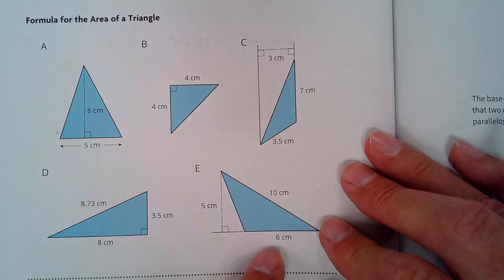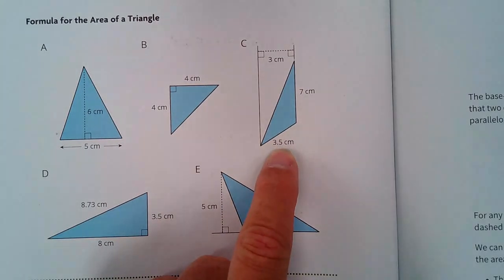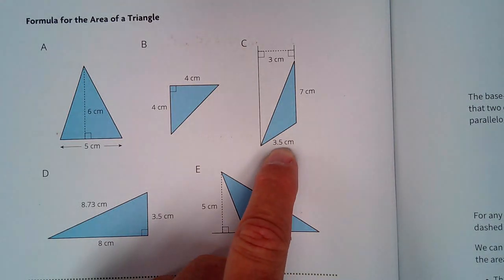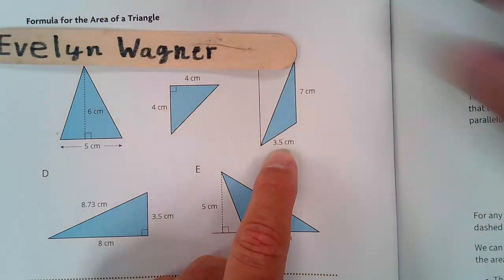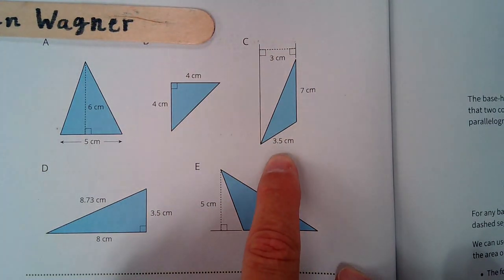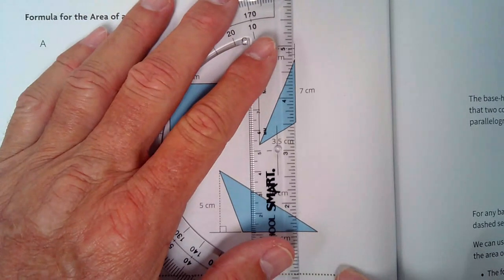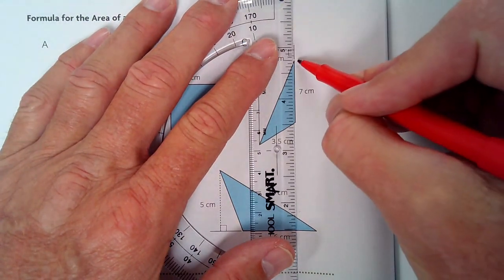What side in C is the base? Miss Wagner, what do you think? Yeah, nicely done, honey. Put up 20 points. So I'm going to just highlight that in red. This would be the base.